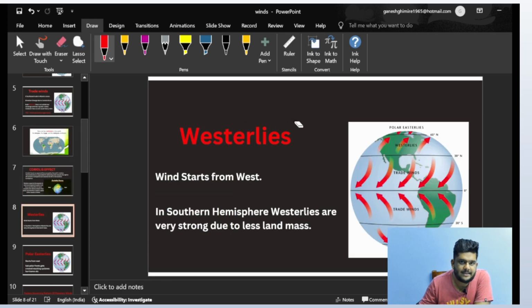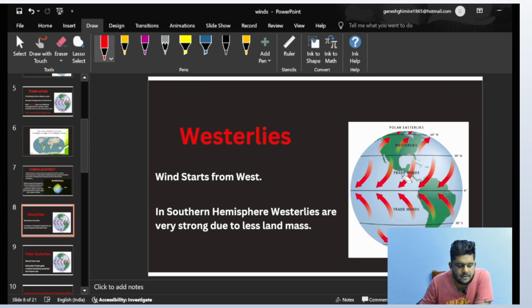Next, we have westerlies. This is another type of primary winds. The name itself suggests that they start from the west. As you can see here, these are westerlies. One thing you must remember is that in the southern hemisphere, westerlies are much more fierce.